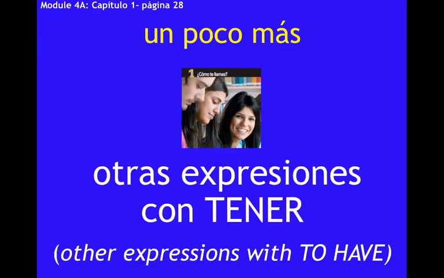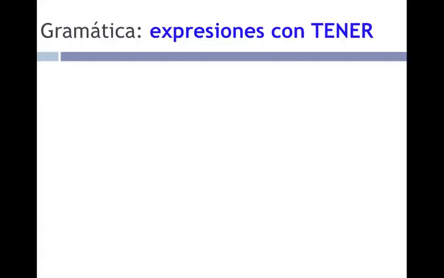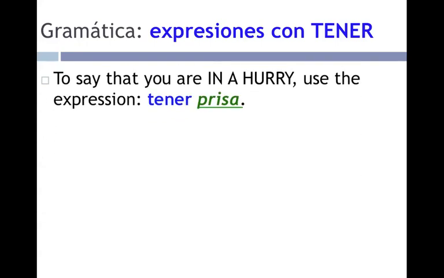Un poco más, otras expresiones con tener, some other expressions that use the verb tener. Expressions with tener, there are 12 of them that are very useful. And let's begin by saying that someone is in a hurry. You use the expression tener prisa. Repitan, yo tengo prisa.